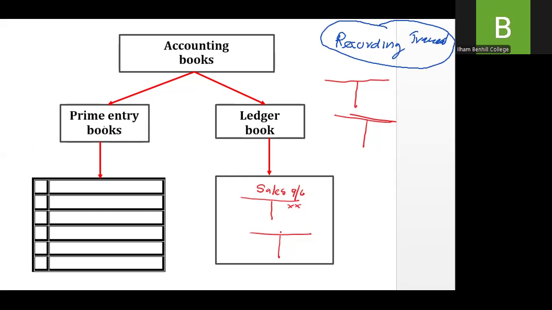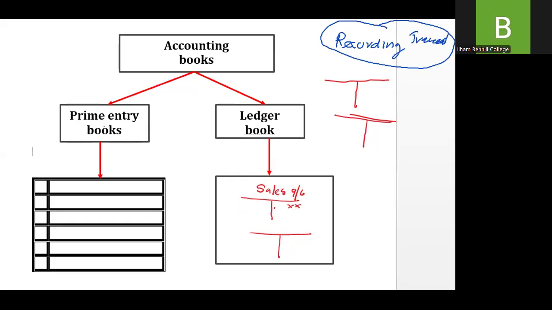So we record transactions in the ledger books in accounts. To record transactions in accounts, we have to apply a rule in accounting. There is an accounting principle to record transactions in the ledger. Without learning the rules, you can't record transactions in the ledger accounts, in the book of ledger.